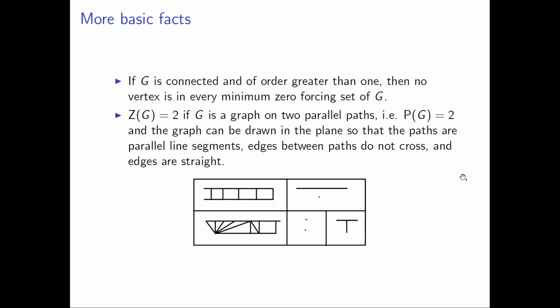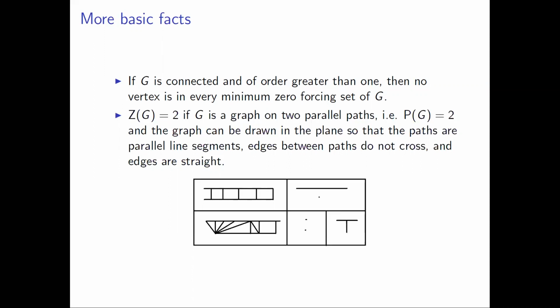Another basic fact is that the zero forcing number is 2 if and only if the graph is on 2 parallel paths. What does it mean to be on 2 parallel paths? It means that the path cover number is 2, and we can draw the graph in the plane so that the paths are parallel line segments, and the edges between the paths do not cross each other, and the edges are straight.